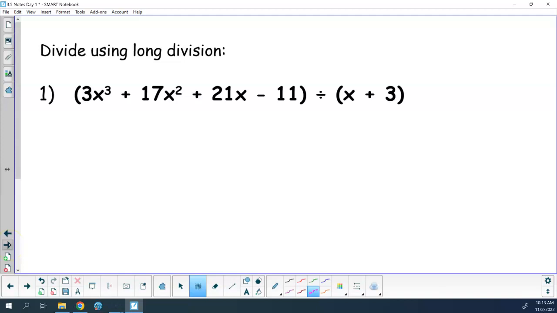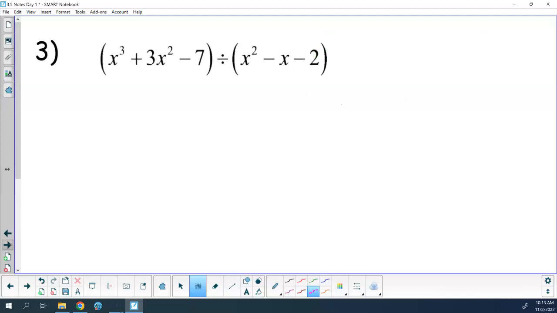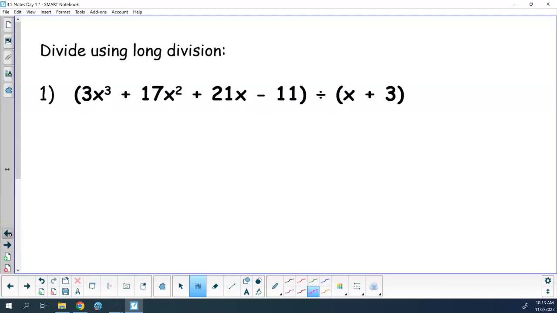So these problems are going to look like two different kinds. You're either going to have a polynomial, the division symbol, followed by another polynomial, or we would have it written as a fraction. So we could also have this written with 3x cubed plus 17x squared plus 21x minus 11 all over x plus 3.